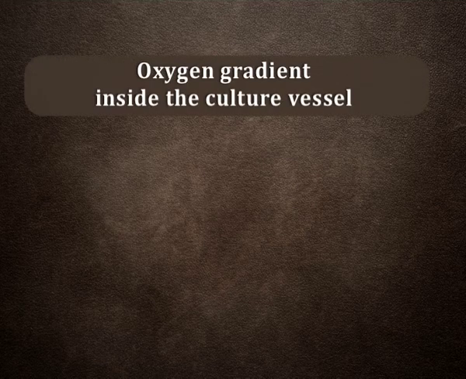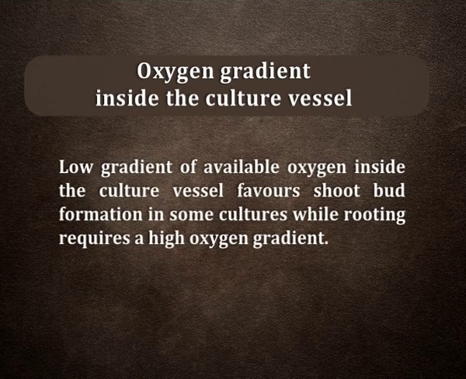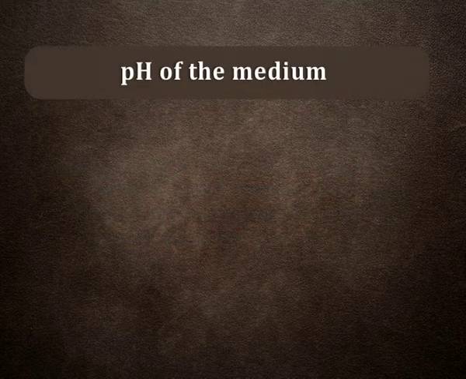The third factor is the oxygen gradient inside the culture vessels. Low gradient of available oxygen inside the culture vessel favors shoot bud formation in some cultures, while rooting requires a high oxygen gradient. The final condition is the pH of the medium.